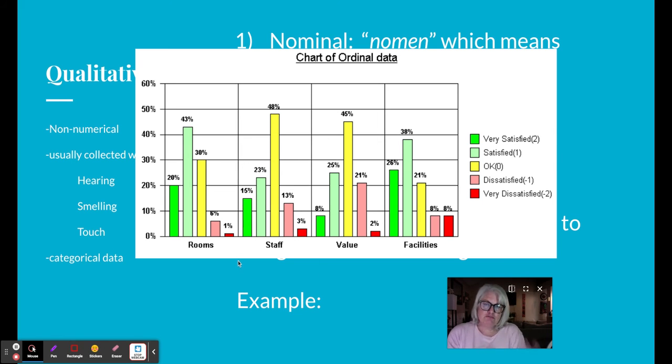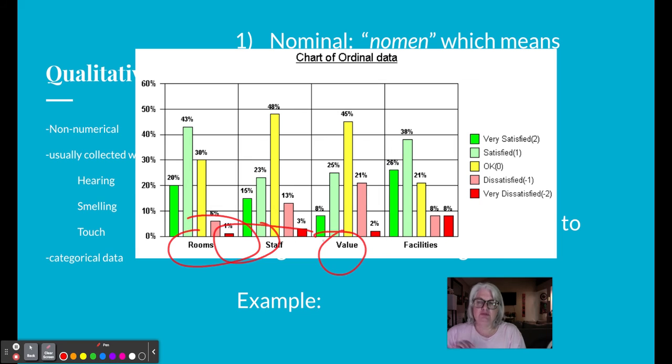Basically they're ranking the happiness of the people, which is not numerical. But because we're ranking it, that makes it ordinal, which is numbers. Okay, I hope that makes sense. It's a little confusing. But think about it like this: if you can put it into categories like you're seeing here, and the categories on the bottom are not numerical, then you definitely have qualitative data. And we can talk about that some more as we do some practice.